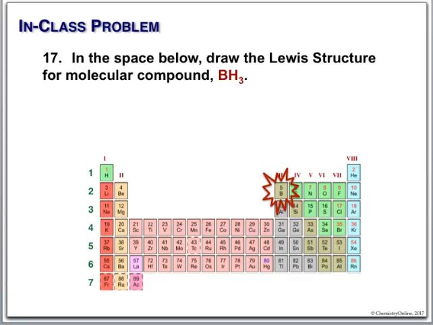Hydrogen is here in group 1. That means that boron will have 3 valence electrons, and hydrogen will have 1. So we have 3 hydrogens with 1 each, and 1 boron with 3. We know that only 2 electrons can be in any one bond.